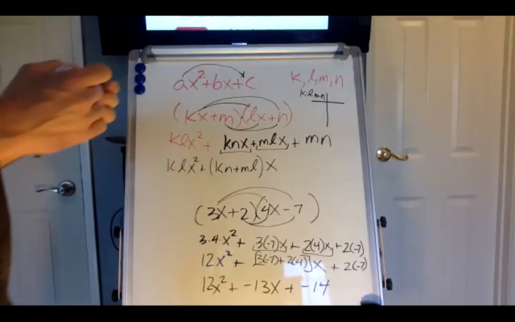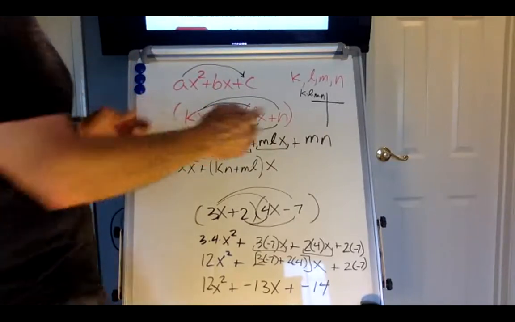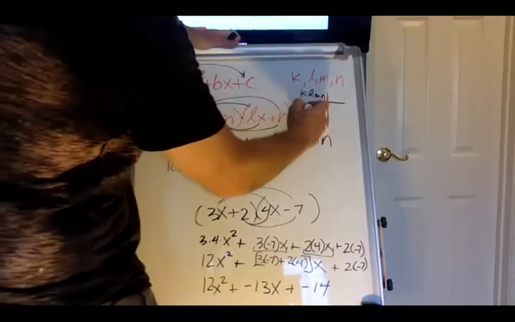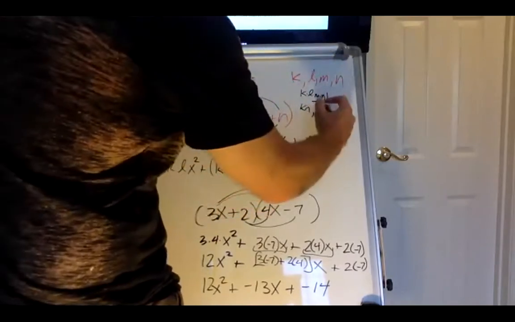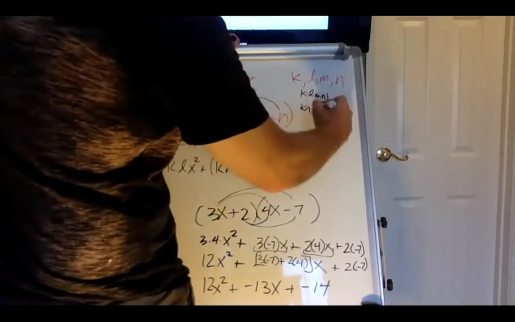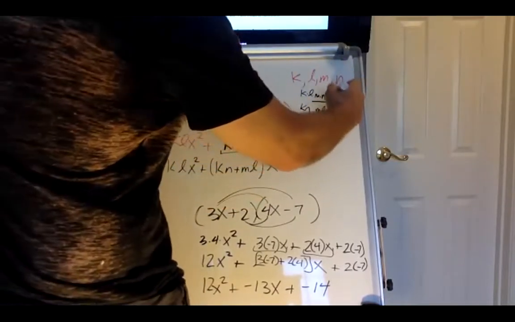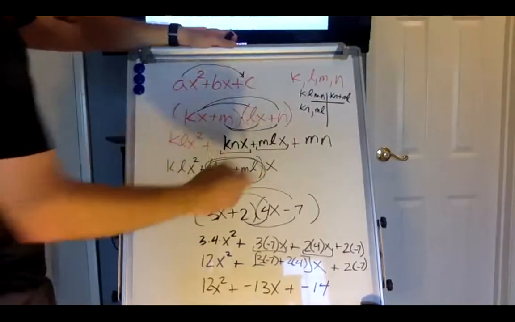You need to pull out factors that add up. So you're going to pull out a K times an N that multiplies with an M times an L, and those add up to the middle coefficient, Kn plus Ml.